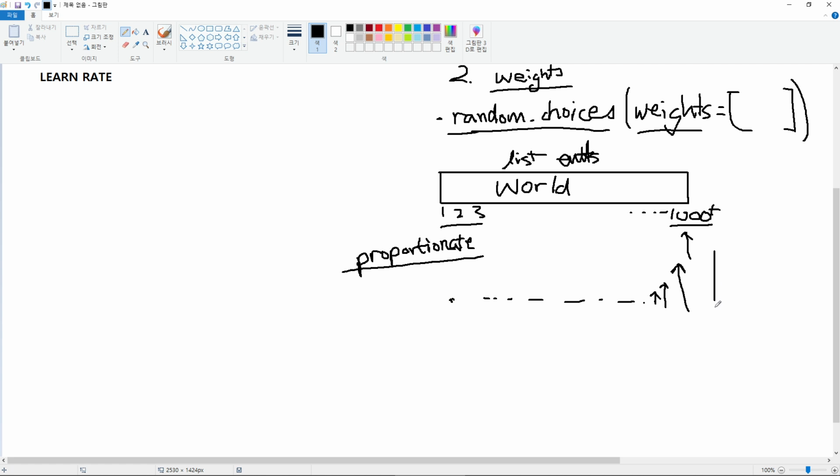So if it were to be graphed, it would look something like this. So the chances of entities being picked as candidates for learning are proportional, or proportionate.